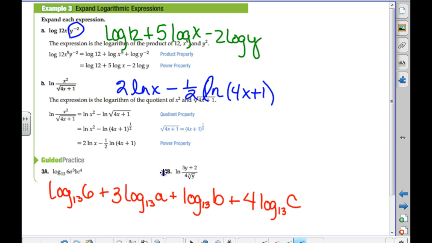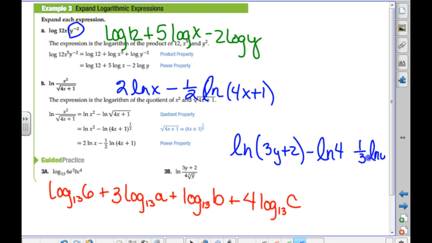All right, what about 3B right here? Can anybody write that one out? Do we separate the top? Nope, it's just ln of 3y plus 2. Okay, then what? It's an ln of 4, and then I think a cubed root of y, yep. Now, do you want a plus in here or a minus?